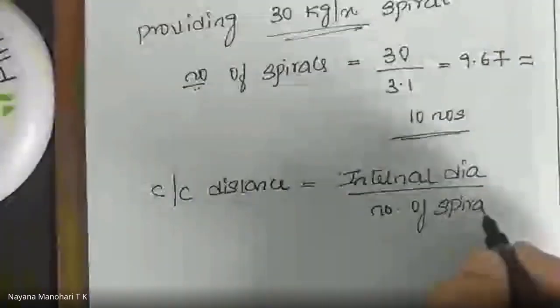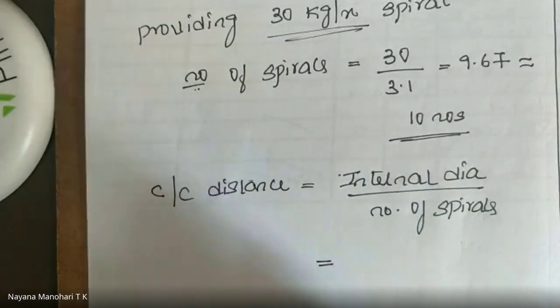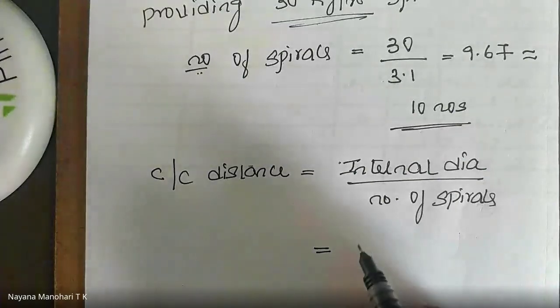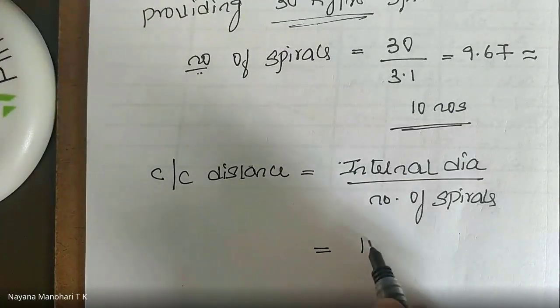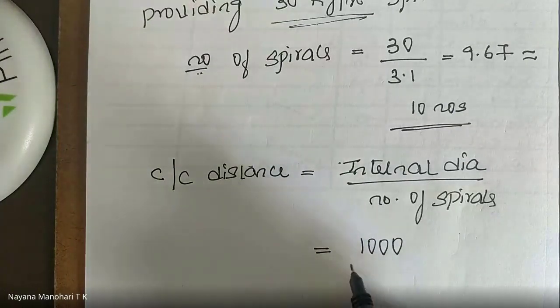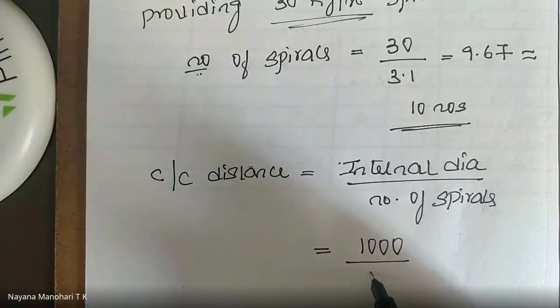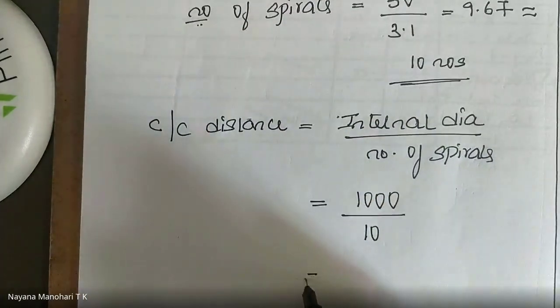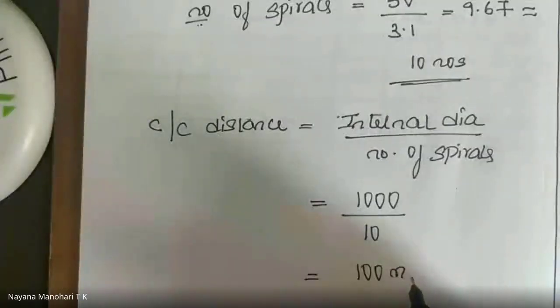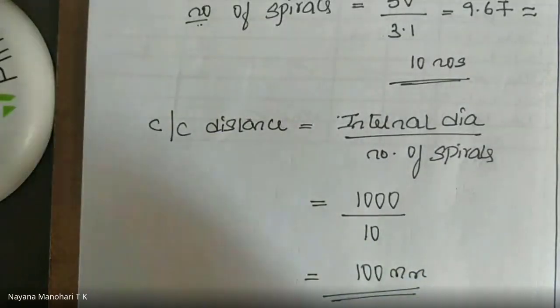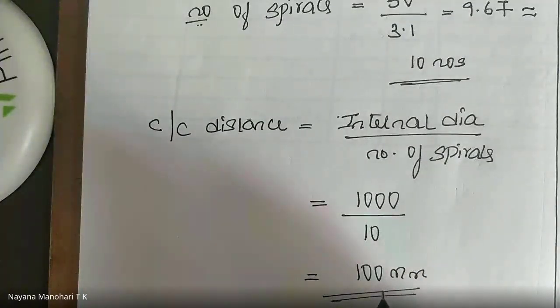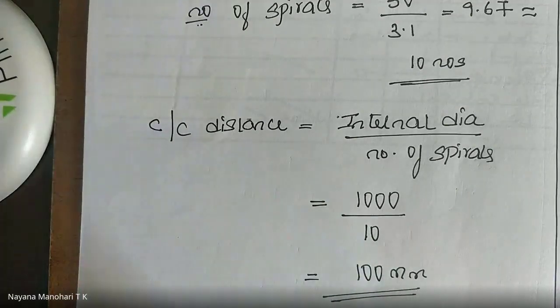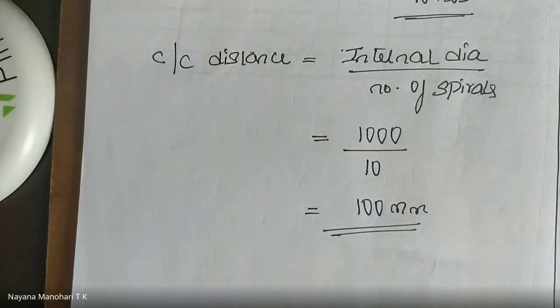How much have you assumed? For the pipe it is 1 meter, 1000 divided by number of spirals, which is 10. You will get 100 mm. The spacing of that spiral reinforcement is 100 mm.